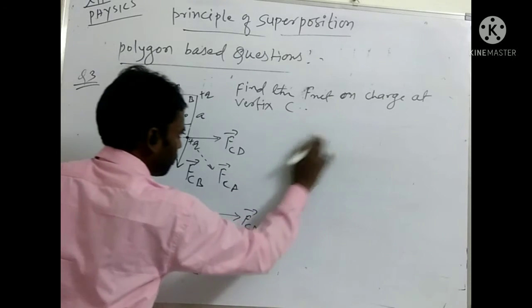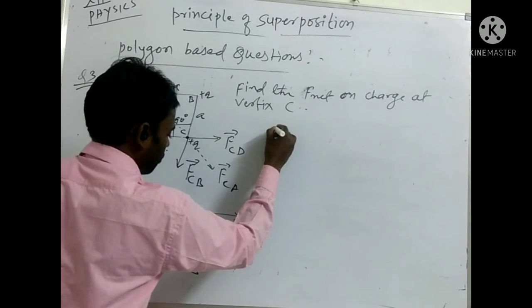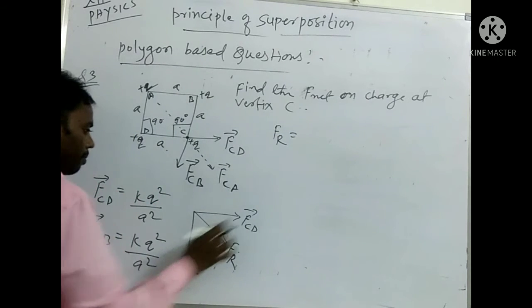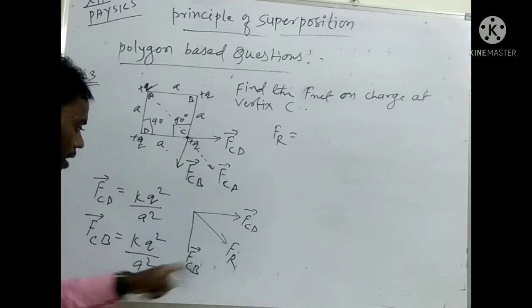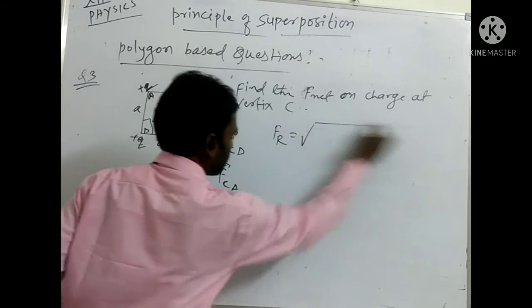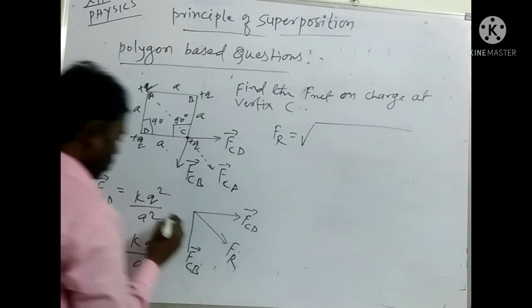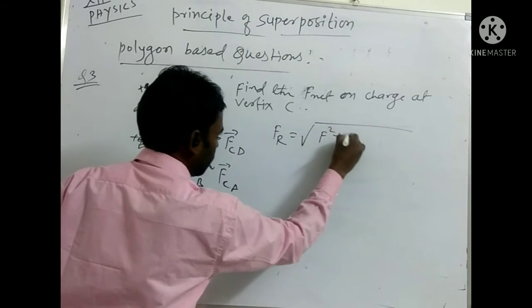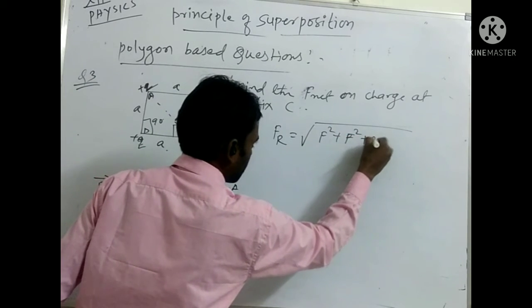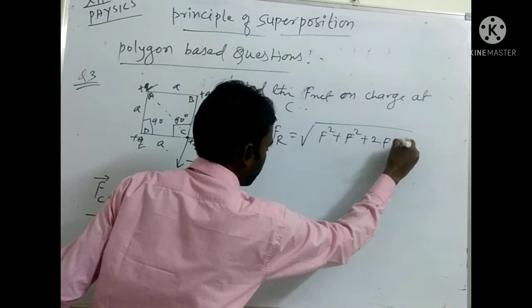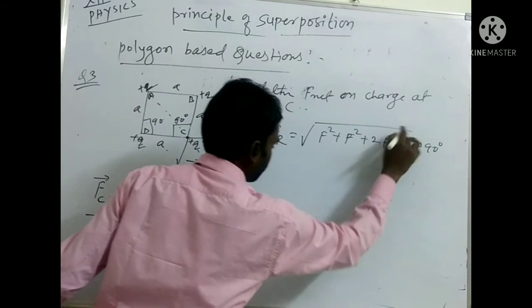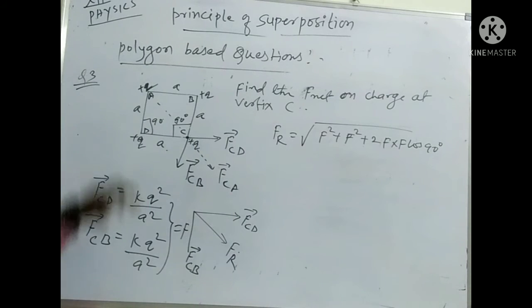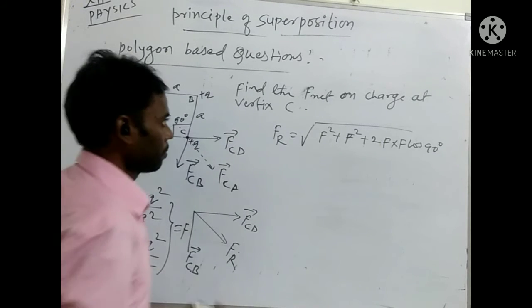Then by using the principle of superposition, the resultant force between FCB and FCD is root over F square plus F square plus 2F into F cos 90 degrees, because both magnitudes are the same and in a square all angles are 90 degrees.